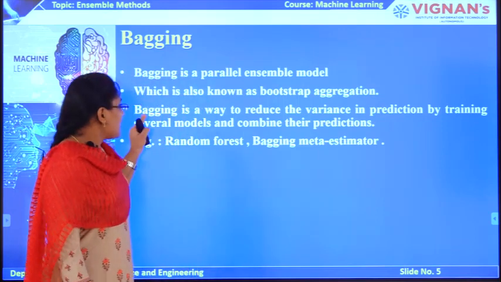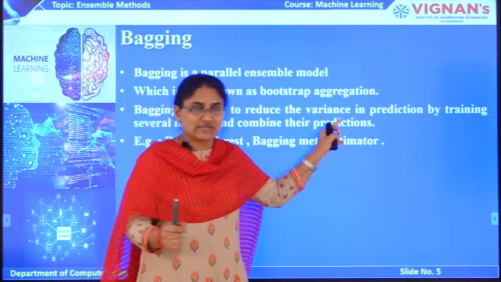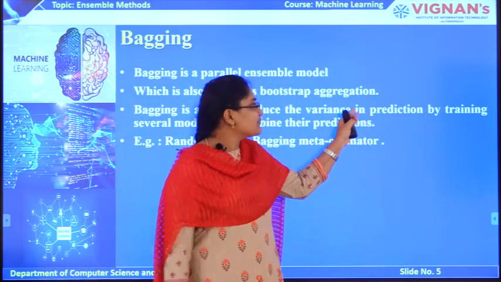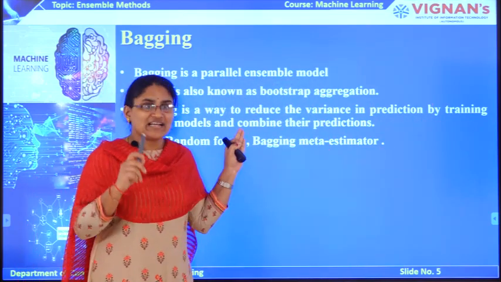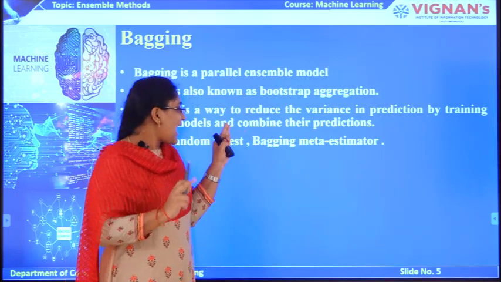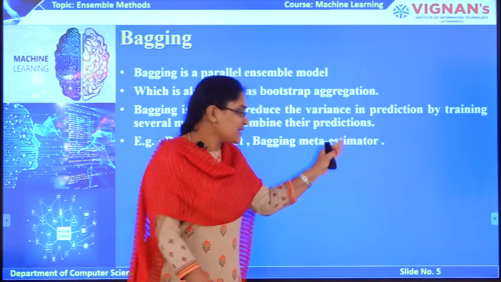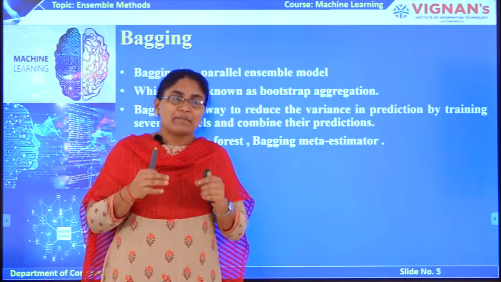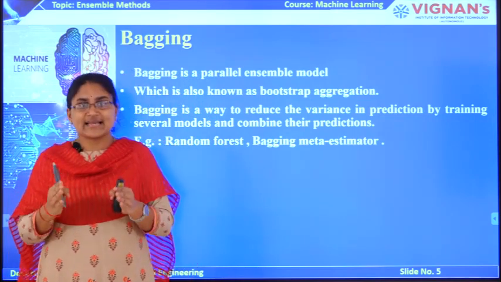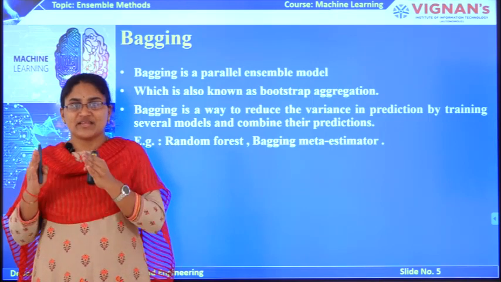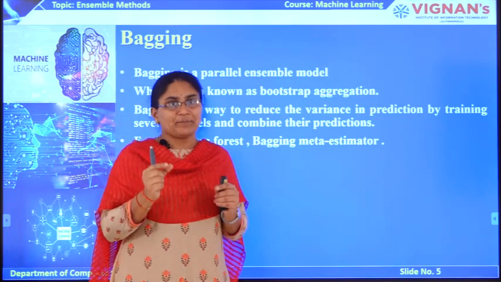Okay. Bagging is a way to reduce the variance, which means it reduces the overfitting of a model in prediction by training several models, meaning multiple models, not a single model, and combining all the predictions for a final prediction. In this ensemble bagging method, first we divide the given data set into a number of subsets with some random samples by using the bootstrap method.